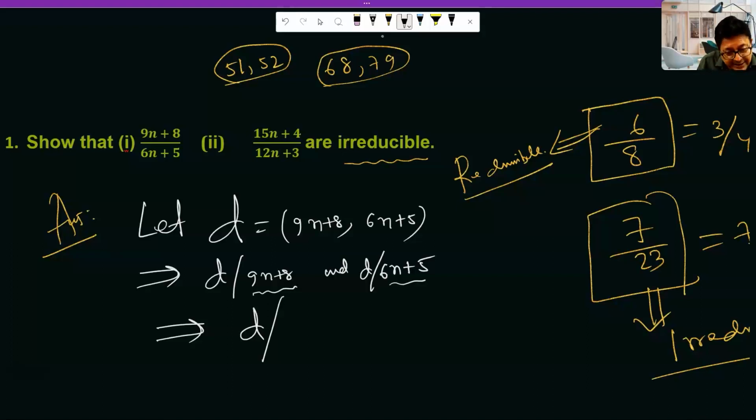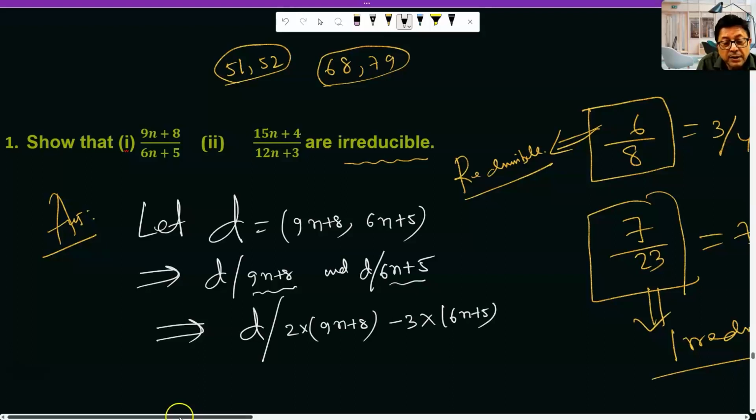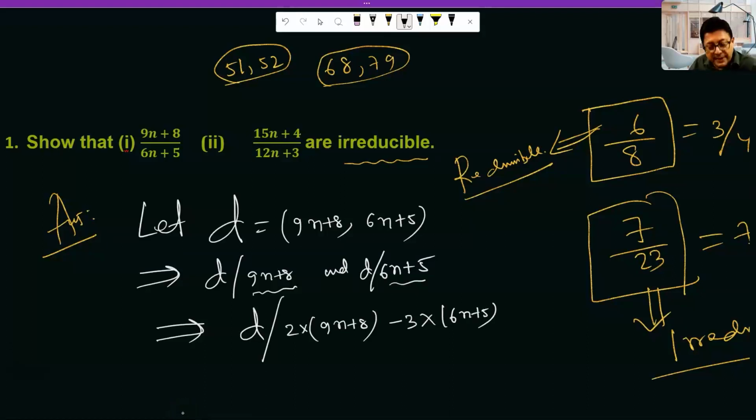So D divides 2 into 9n plus 8 minus 3 into 6n plus 5. Am I clear? So this implies D divides, see, 18n and 18n getting cancelled, 16 minus 15.